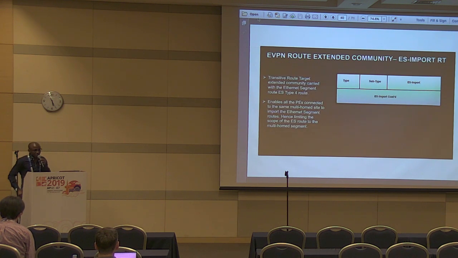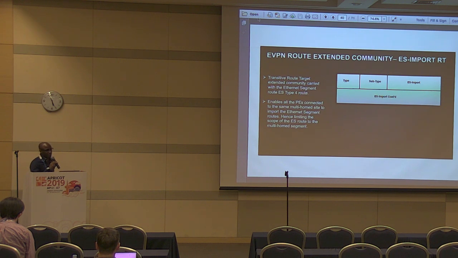The EVPN route extended community. Again, this is a transitive route target extended community that is carried as part of the ES type 4. Basically, it enables all PEs connected to the same multihomed site to import the Ethernet segment routes, again limiting the scope of the multihomed segment route.